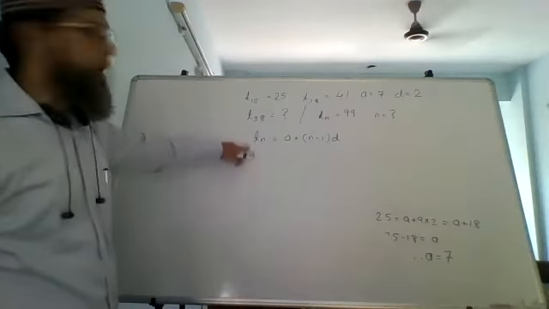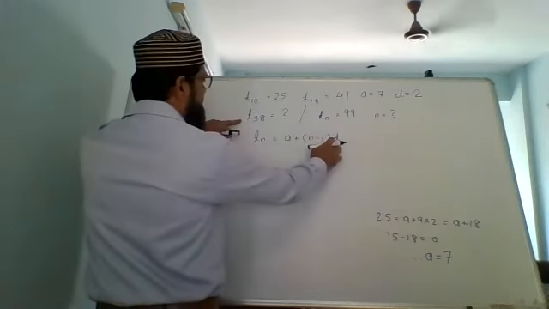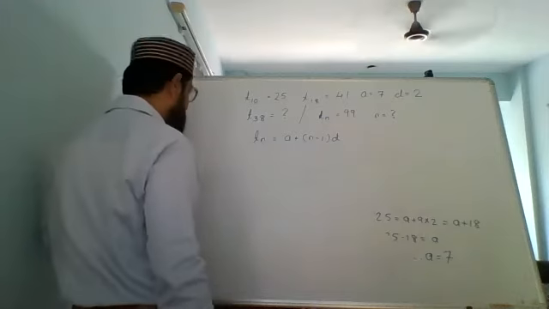Now we have to find T38. Formula remains the same. Tn equals A plus (n minus 1) D. The formula does not change. The formula is the same.